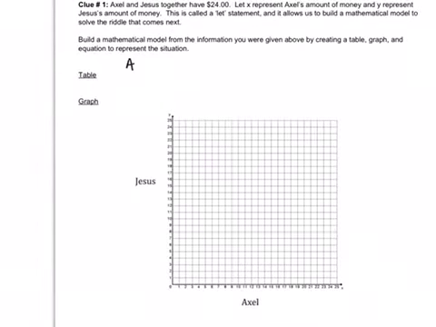So, we have Axel and Jesus, and combined in total they have $24, which means, for instance, if Axel had $24, then Jesus would only have $0. Or if Axel had $23, then Jesus would have to have $1 in order to make their total worth 24.